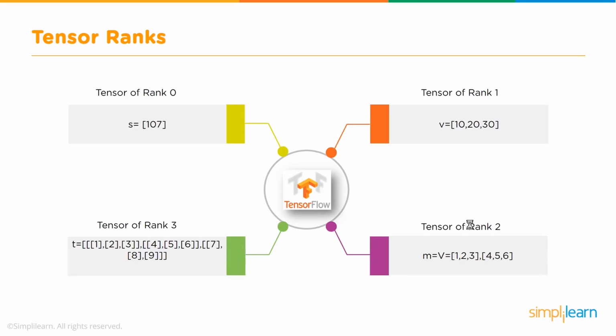And then you can have a two-dimensional vector, typically like a matrix. In that case, we say the rank is 2. And if it is a three-dimensional array, then the rank is 3, and so on. So it can have more than 3 as well. So it is possible that you can store multi-dimensional arrays in the form of tensors.